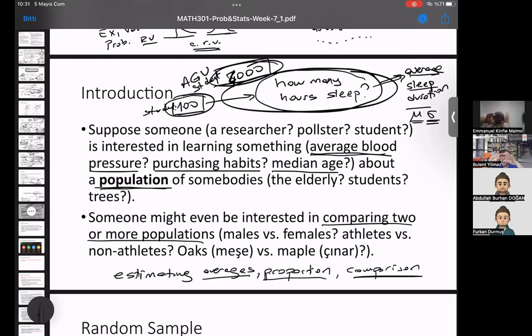A good random sample which is going to be representative of the whole population, and you try to come up with some estimates, some predictions. That's the main idea of statistics, actually.